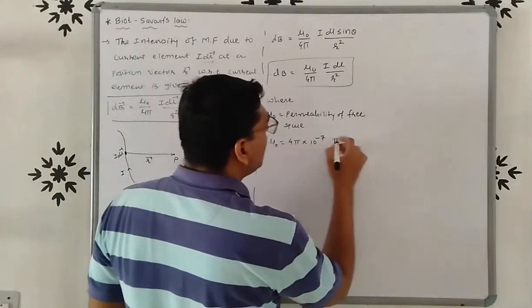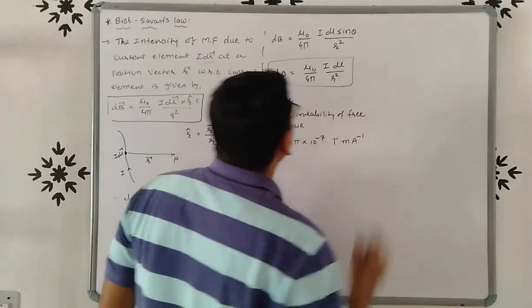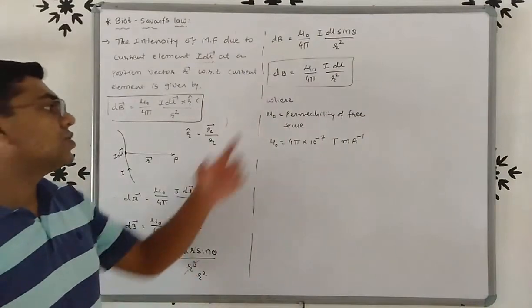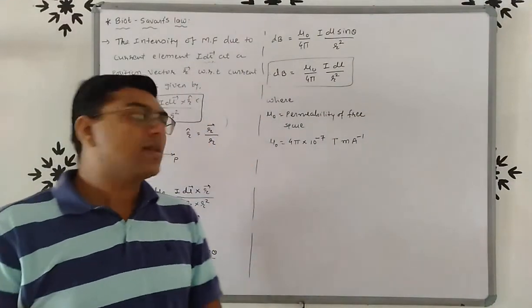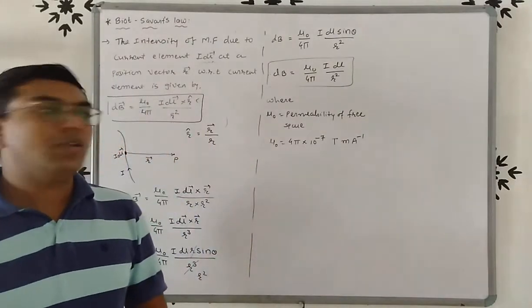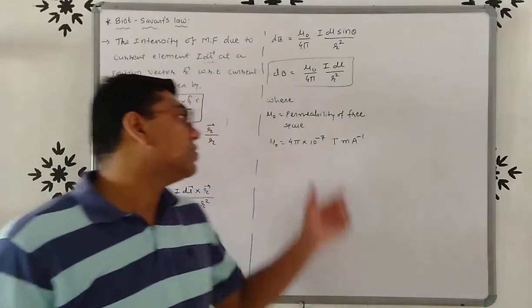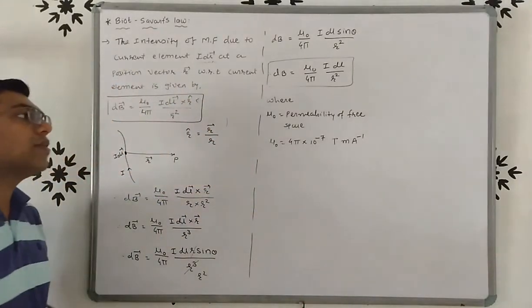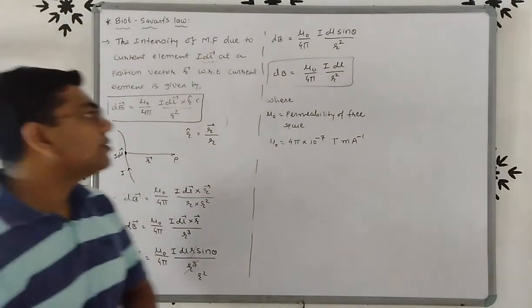So the unit of mu 0 is Tesla meter ampere inverse, right? Mu 0 is equal to 4 pi into 10 raised to minus 7 Tesla meter per ampere. So the unit of permeability of free space is Tesla meter per ampere, right?